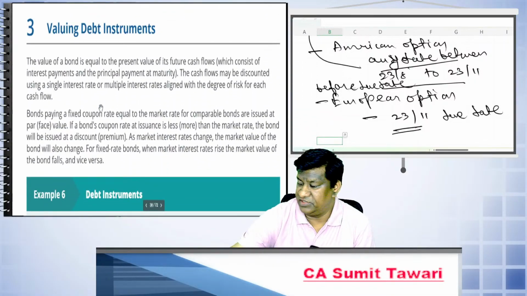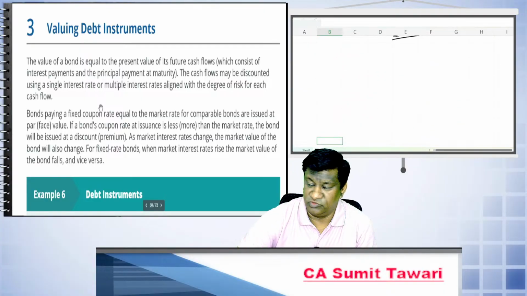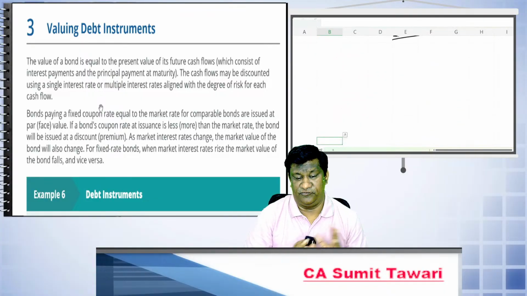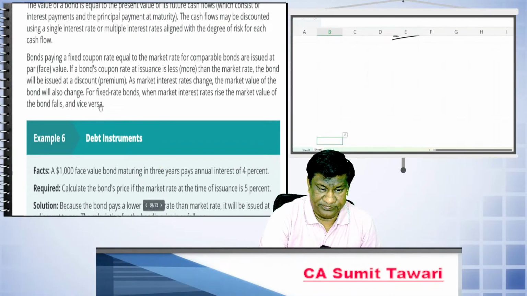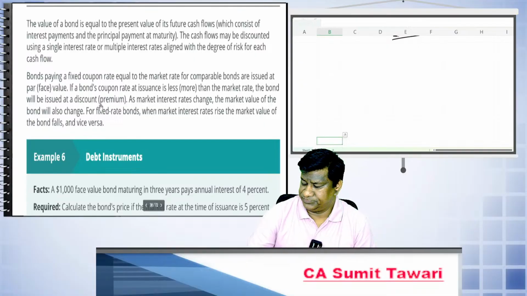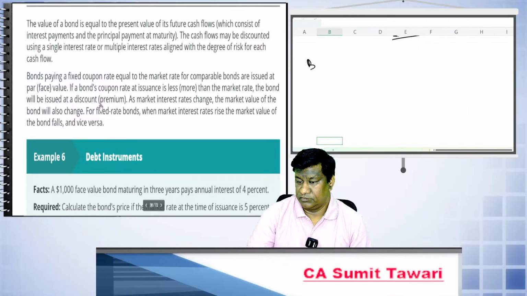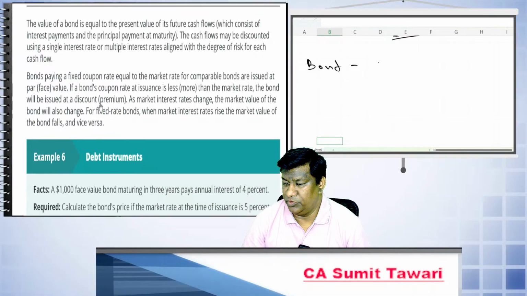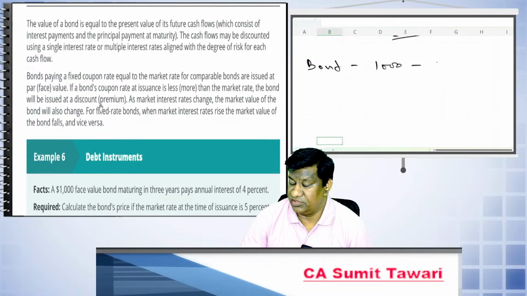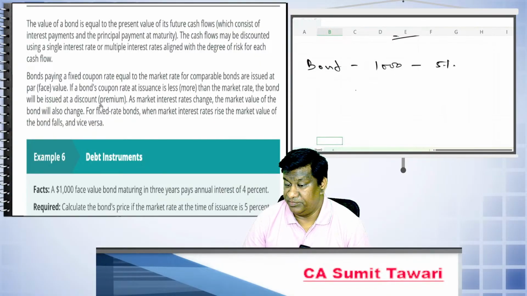Now the valuation of the debt instrument. So it is not that much difficult, as for the equity. Bond. Okay. If you issue a particular bond with a face value of 1000, where you are committed to pay the interest at the rate of say 5%. But the market interest rate is 6%.